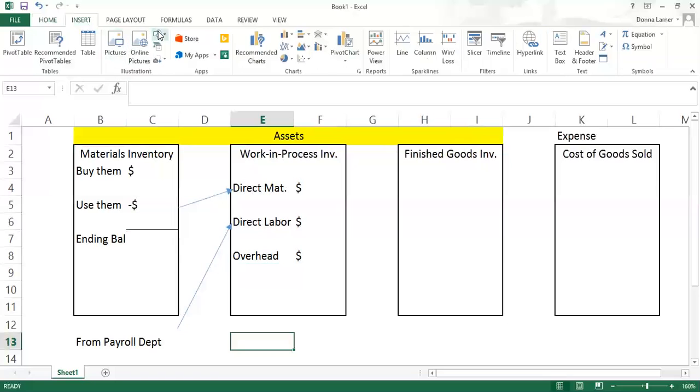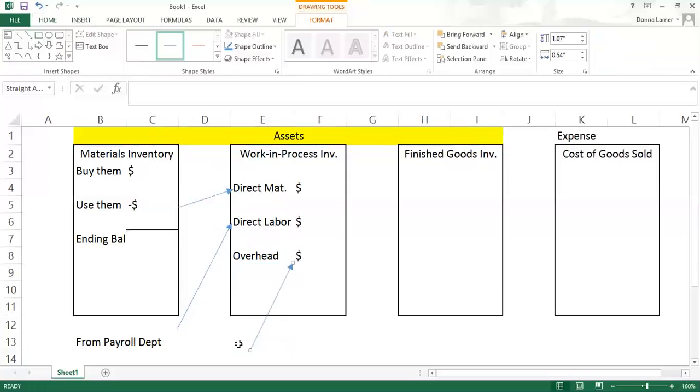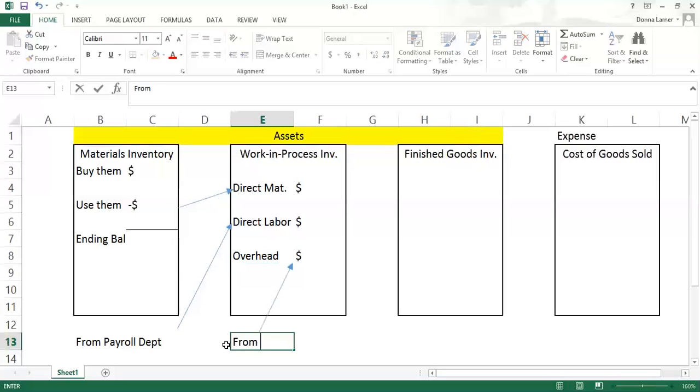Someone's keeping track of all those overhead costs and determining how much of our overhead has happened this period. I don't want to get too far into overhead. That's something that's going to be a big topic as we move along in our chapters, but for right now, know that those numbers are fed in by other calculations.